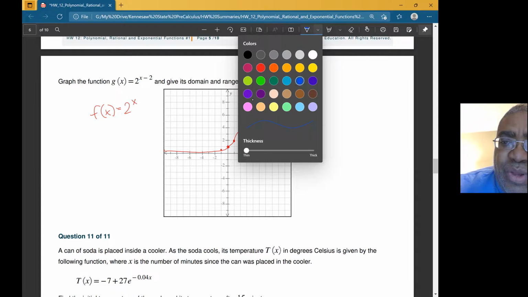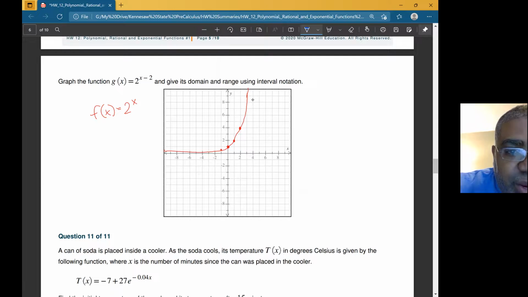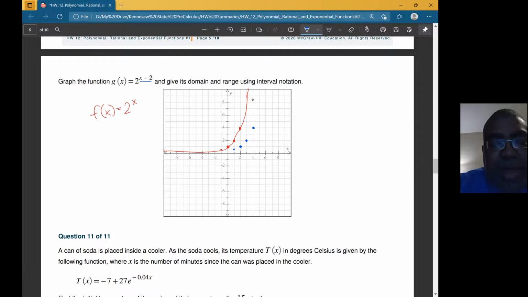So then we'll go to blue to do the transformation. That x minus 2 means it goes to the right 2. So every point goes to the right 2. So here, 1, 2. And my y-intercept ends up being like, is that 1/4 maybe?